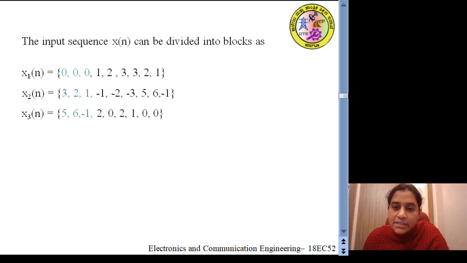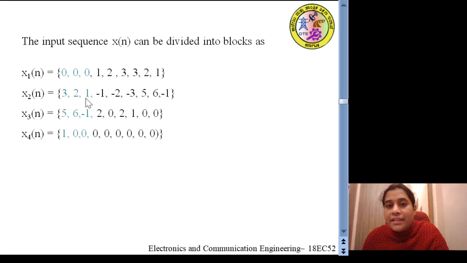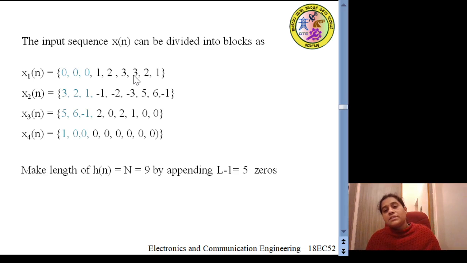These are the samples which are repeated as the last three samples of the previous block, and 2, 0, 2, 1, 0, 0. Next, x4 of n is 1, 0, 0 and the remaining are appended zeros to make the length of this particular block 9.